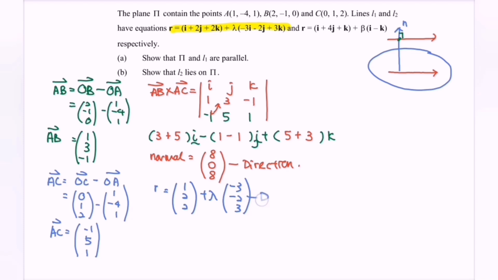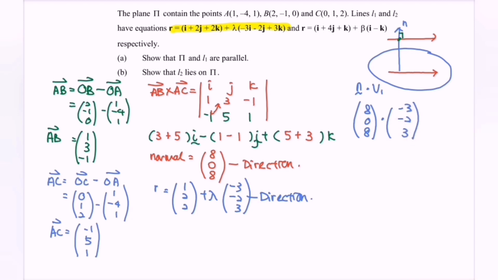So kindly pick the direction for the line L1. The normal n, which is 8, 0, 8, or we can say the normal dot with the direction for line 1, which we name V1, negative 3, negative 2, and 3.